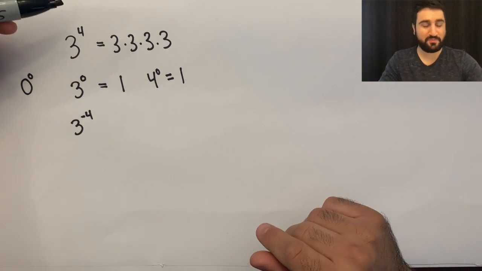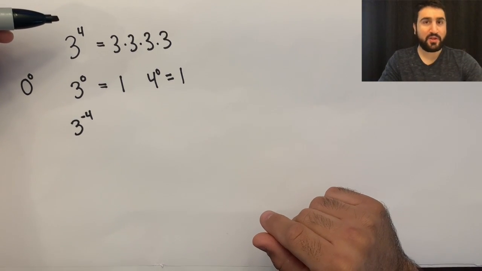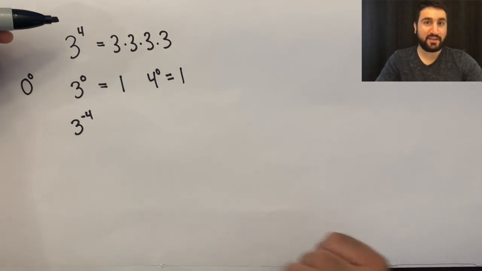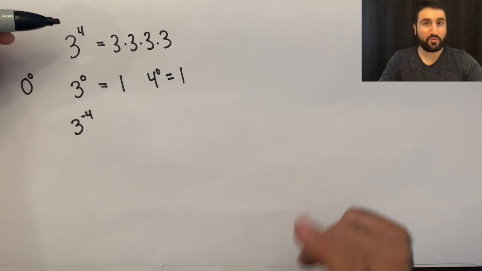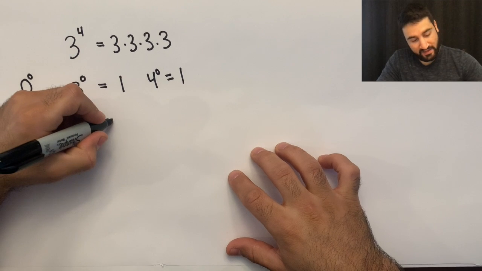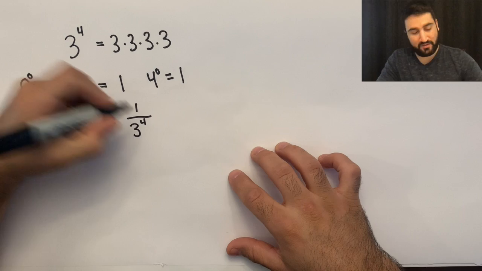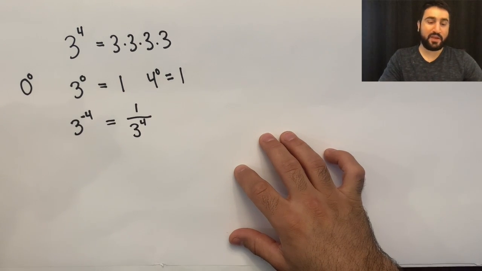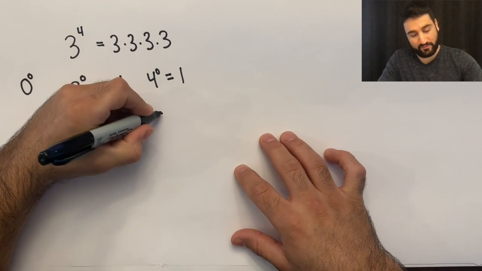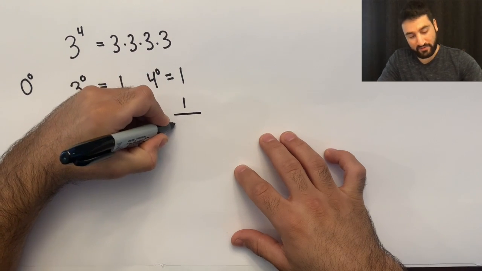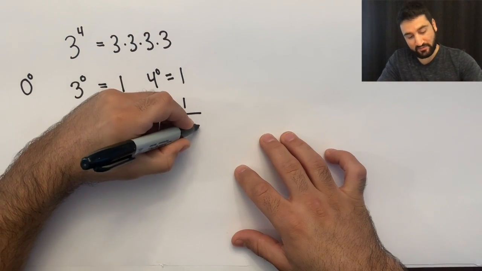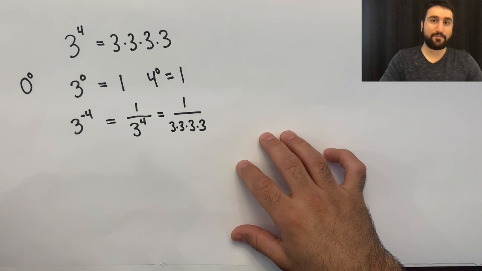Opposite doesn't mean much in math, but it's definitely not the negative. It's going to be the reciprocal of the number, which means that it is equal to 1 divided by 3 to the 4th. And if you remember from here, what 3 to the 4th was, is 3 times 3 times 3 times 3. Okay?